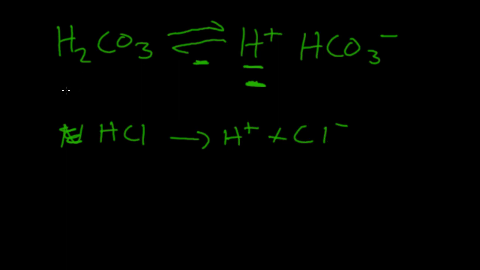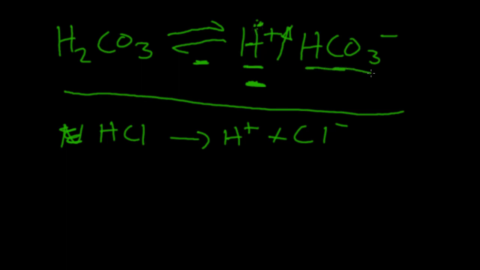Now let's have a look at what would happen in a system with a whole lot of this weak acid in it if we increase the H+ concentration. Well, that's going to mean that there's more H+ running around, which means it's more likely that one of them will bang into an HCO3- ion, which means that in general there's going to be more interactions between these two, which means more of the back reaction.